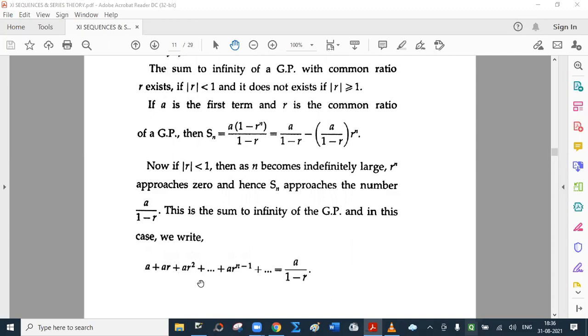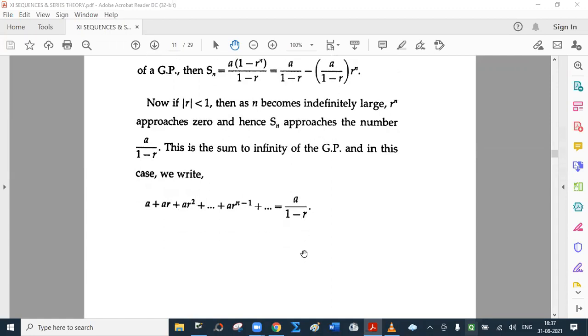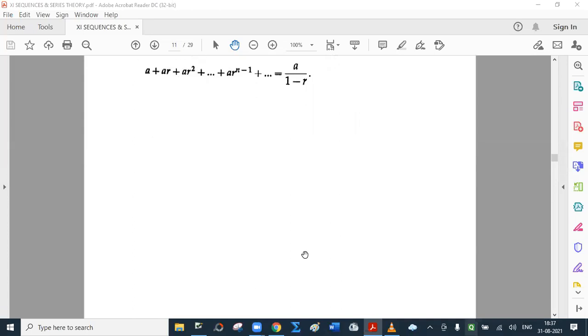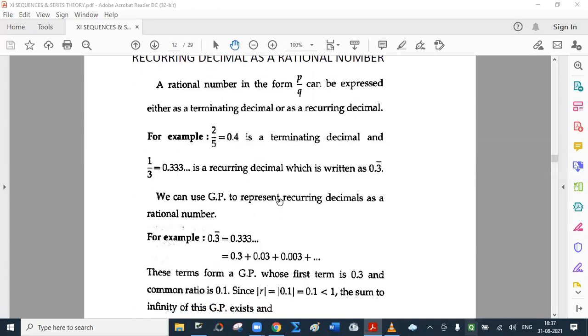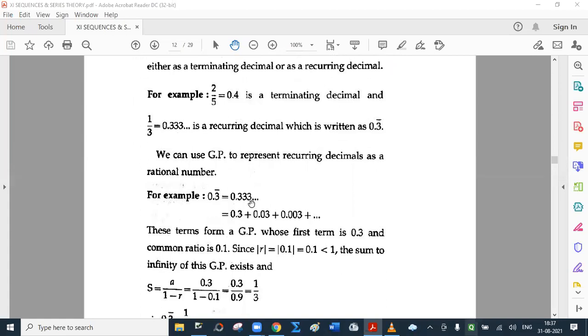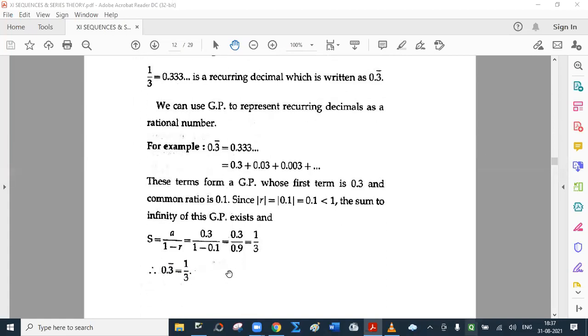And in this case, we write a plus ar plus ar square up to ar raised to n minus 1 as a upon 1 minus r. Then comes, as I have already explained, recurring decimal as a rational number. See, 0.3 bar means 0.333 and so on. So we could express this recurring decimal as a rational number.